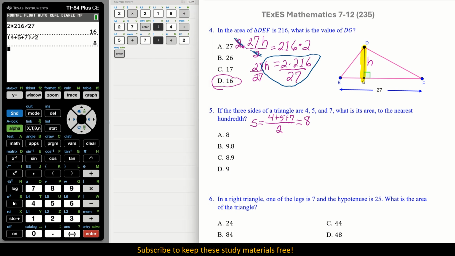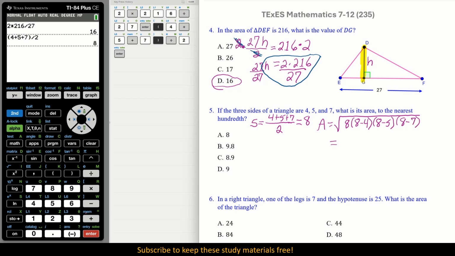Now we can find the area. The area equals, under the square root, 8 and 8 minus 4, and then 8 minus 5, and then 8 minus 7.